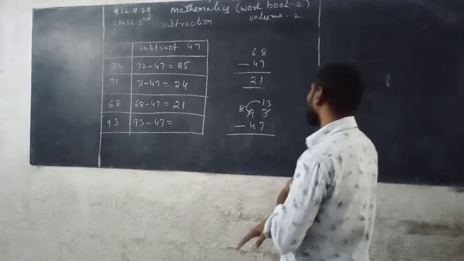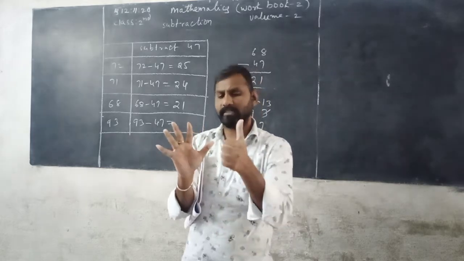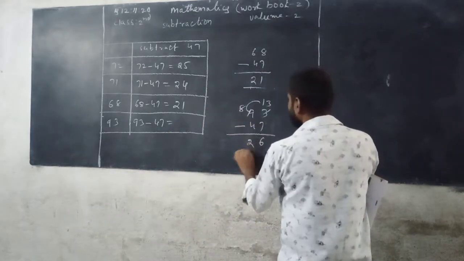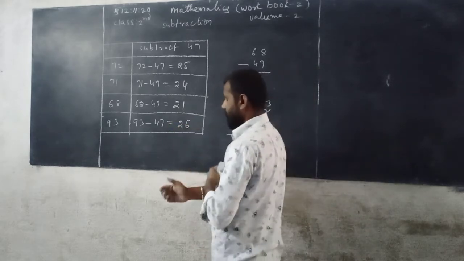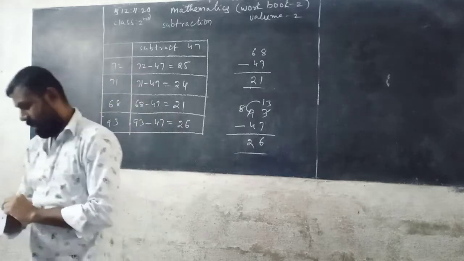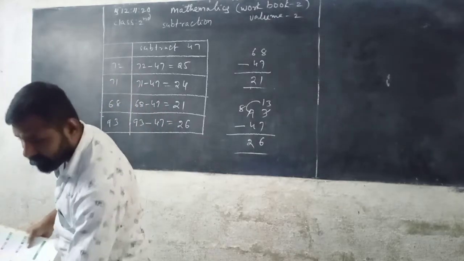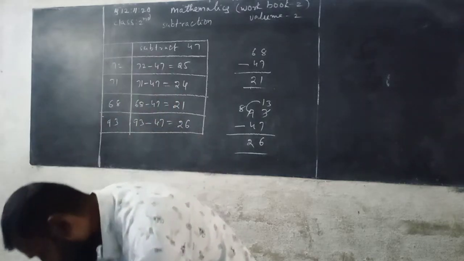You can count 7 after to reach 13. 7 after 8, 9, 10, 11, 12, 13, 6. Next 8 minus 4, you can get 4. So 46. Then you can write it here, 93 minus 47.